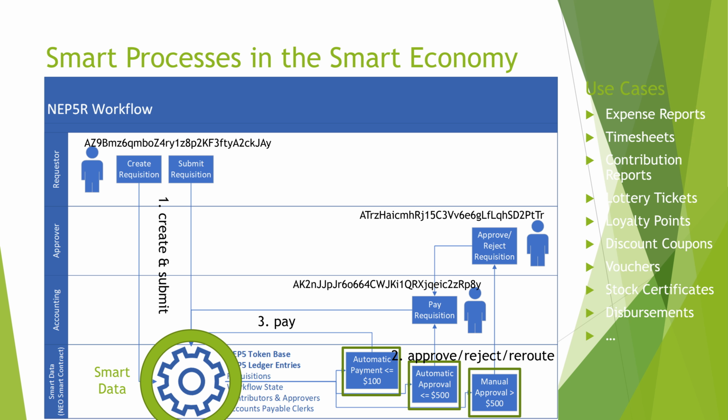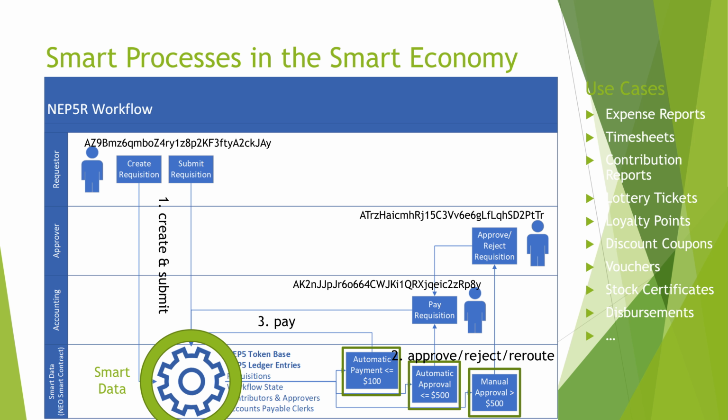On the right are some use cases. I've mentioned expense reports and timesheets, but there's many, many other requisitions that can use this same generic process and this same generic smart contract. Contribution reports, lottery tickets, loyalty points, discount coupons, vouchers, redemption of stock certificates and other kinds of certificates, and other forms of disbursements.